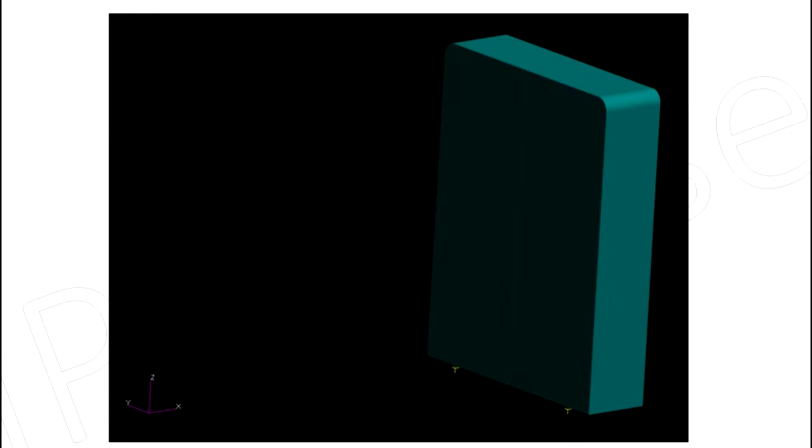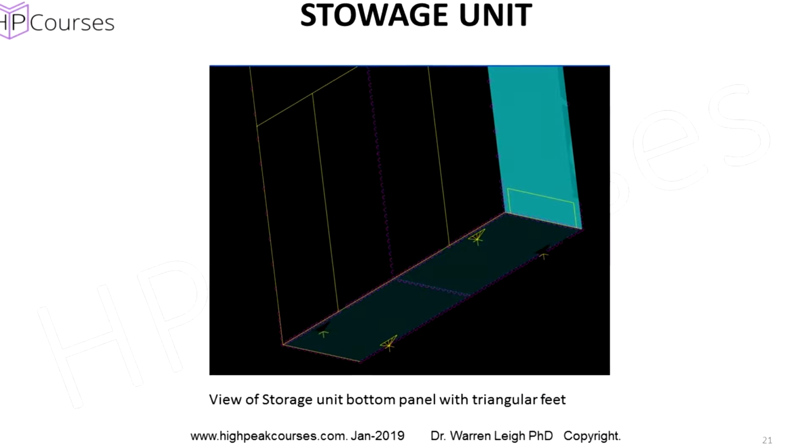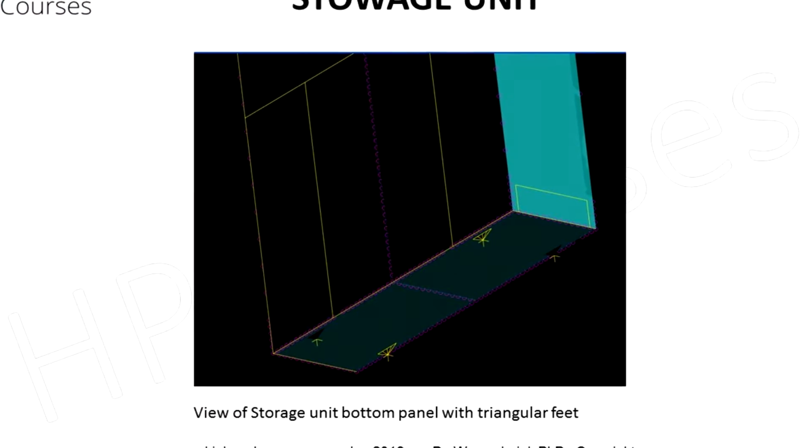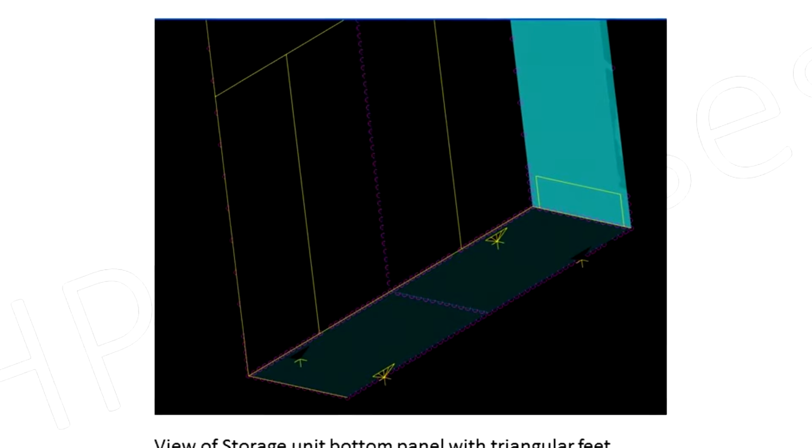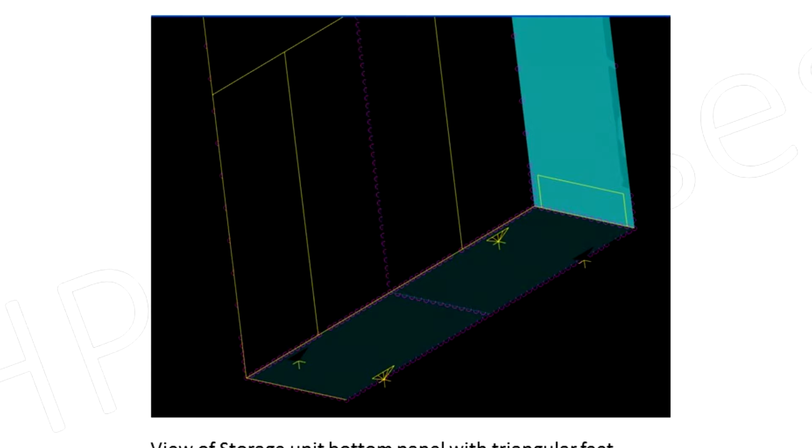This is how we represent these in the FE model to come. Here's a better image of the feet. There's 4 feet. We actually model those in FE triangular. I've just shown them here for convenience and for the location. You could put something in the CAD model that represents 4 vertical bolted connections.